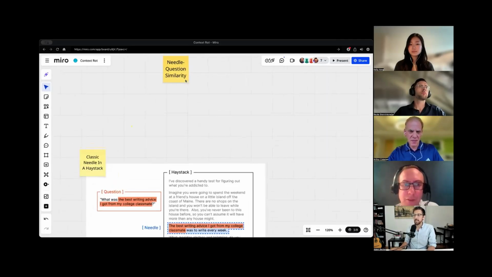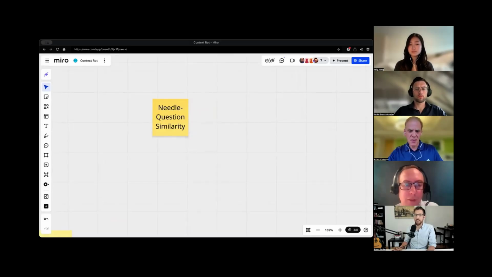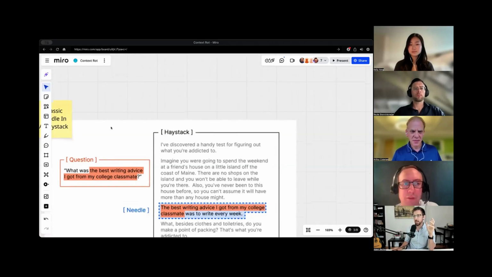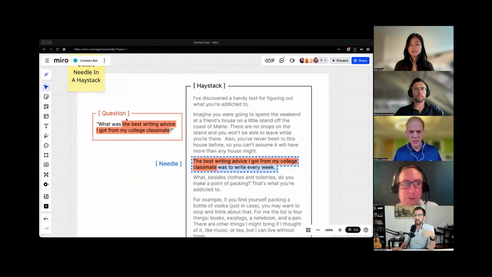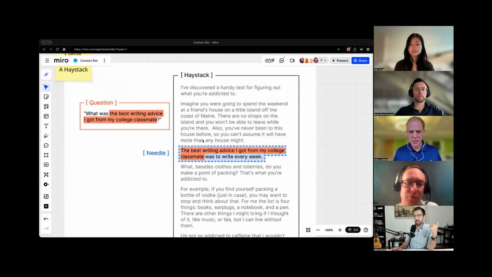So the first one is needle question similarity, which I think is a fascinating topic, even not in the context of large context windows. Even just the needle question is very interesting. The classic needle in a haystack is the thing Kelly had already gone over. The idea here is, let's say we have a whole haystack of information that's not necessarily pertinent to the answer. For example, I've discovered a handy test for figuring out what you're addicted to.